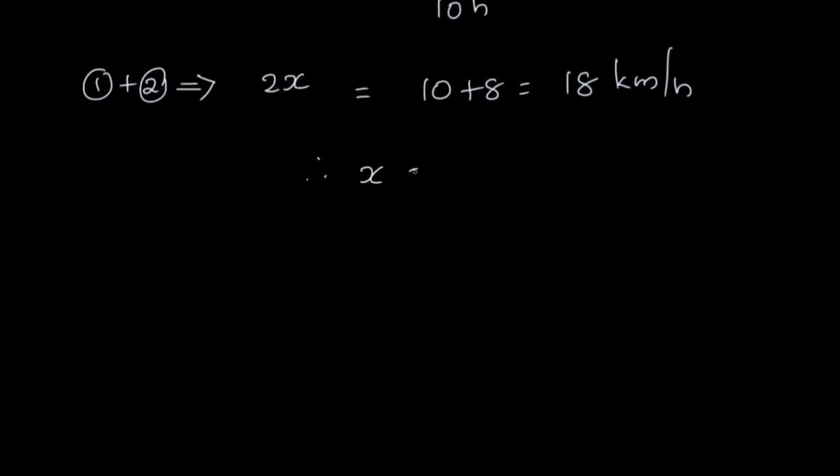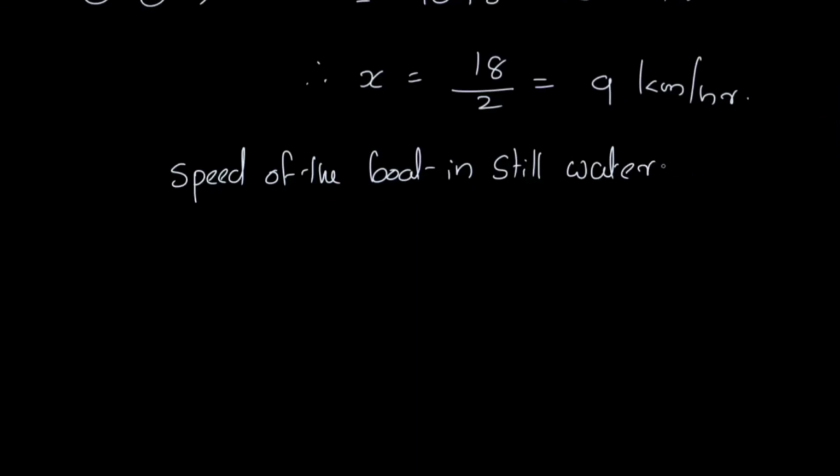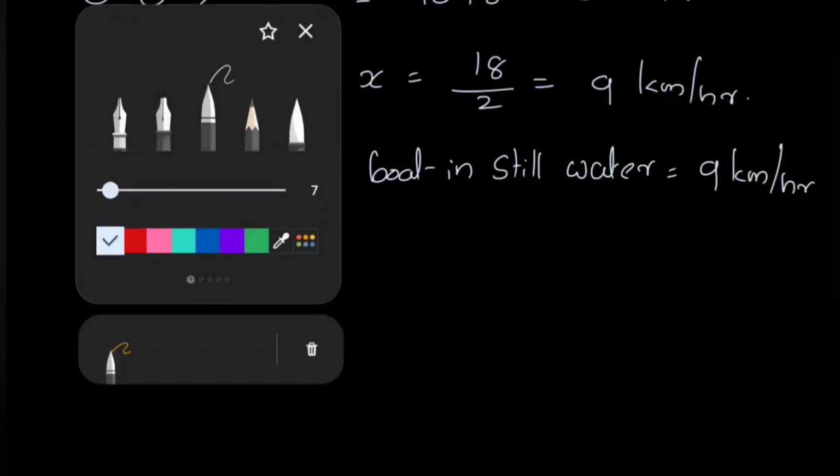Therefore x equal to 18 by 2 equal to 9 kilometers per hour. x is the speed of the boat in still water that we considered as x. So the speed of the boat in still water, this is one of our questions, is 9 kilometers per hour. This is one of our answers.